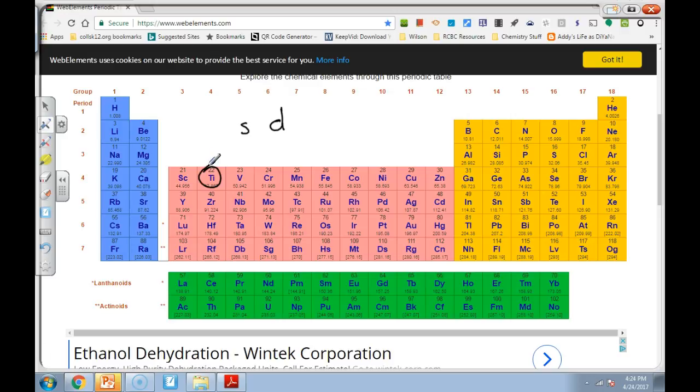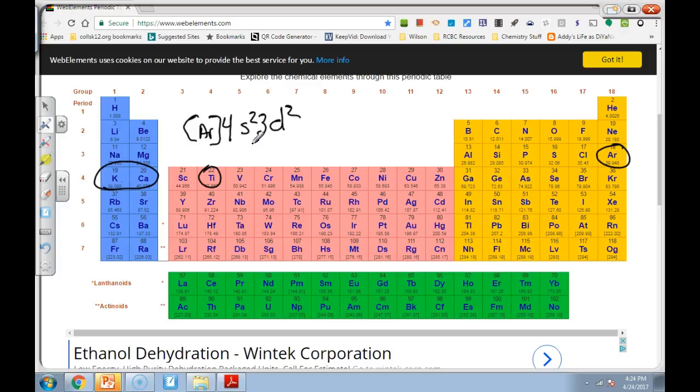Something like titanium has an electron configuration of argon, because it starts here, those 18 electrons, and then 4s2, and then 3d2.